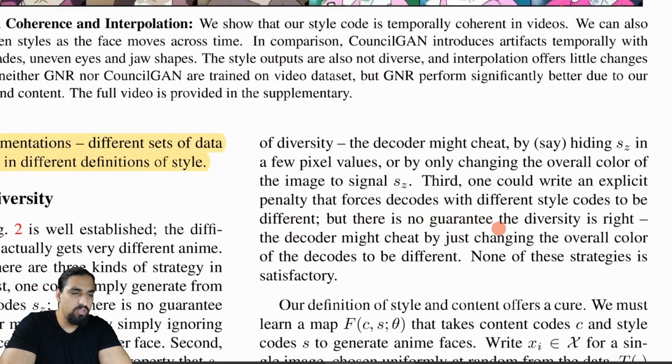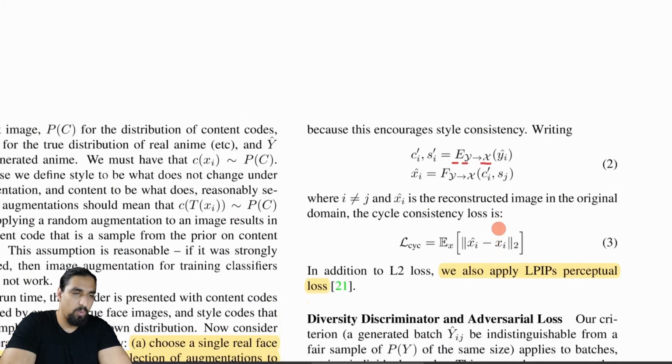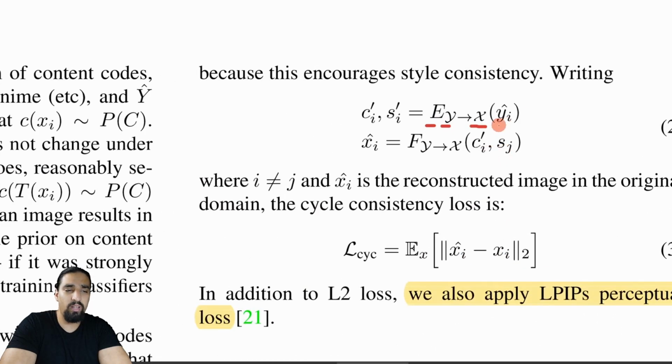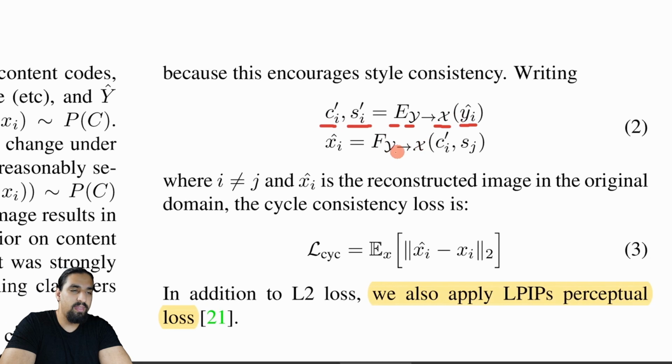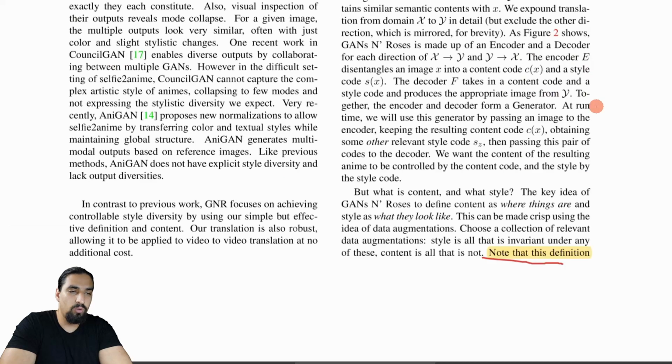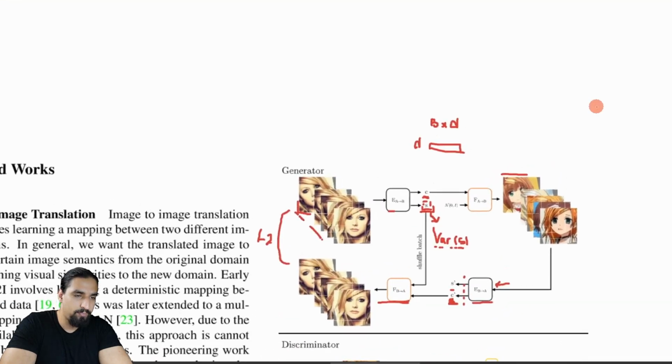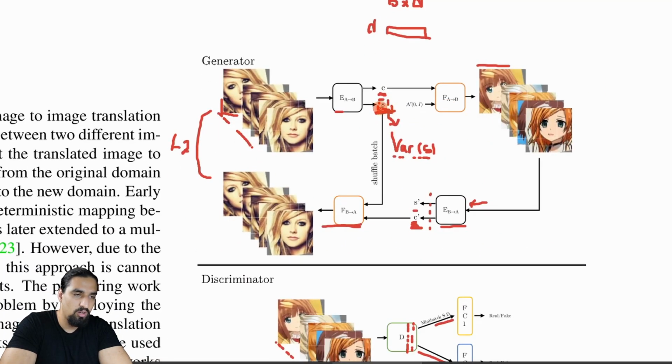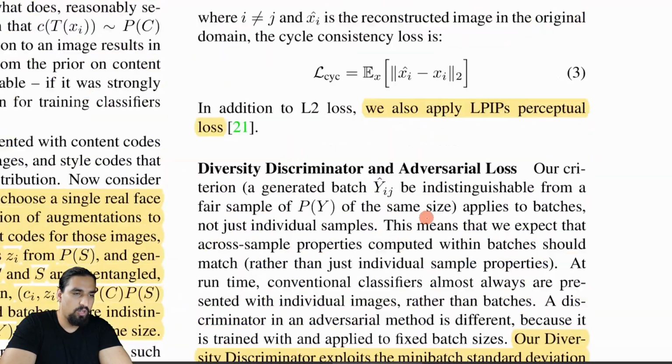So this is the generated anime image, and you feed it back, you get the content and the style code, and then you feed it back with that very same content code, but you take the style code from the original augmented images. So we take these style codes from the original augmented images, and we take whatever was generated here, and we feed that into this decoder. Okay, so that's what these equations say.